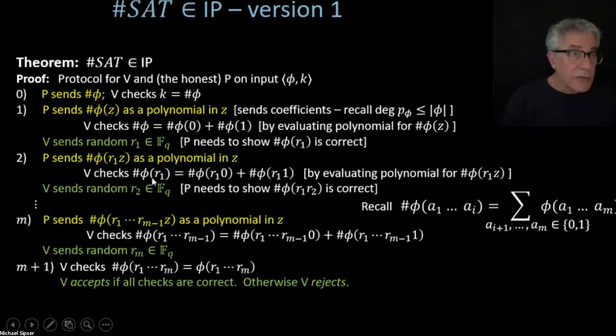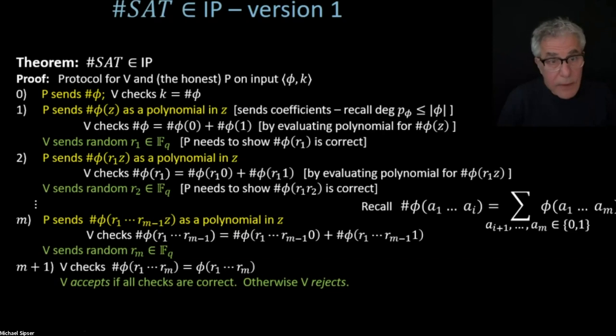So this checks that this phi of R1 is correct because that was how we justified the polynomial with just a single variable. The very first polynomial is correct. A little hard to say, but this comes from the previous round. This guy here. Okay, so this is the polynomial for the current round. This is the value from the previous round. All right, more questions.